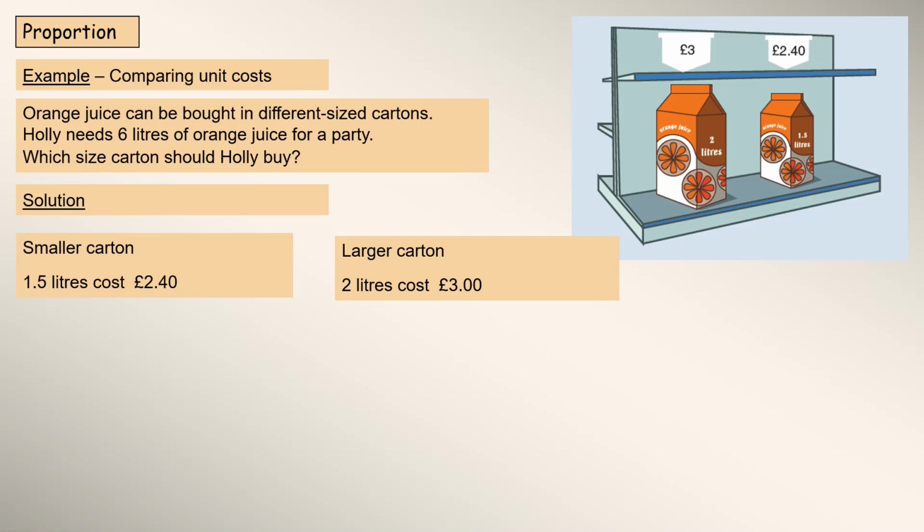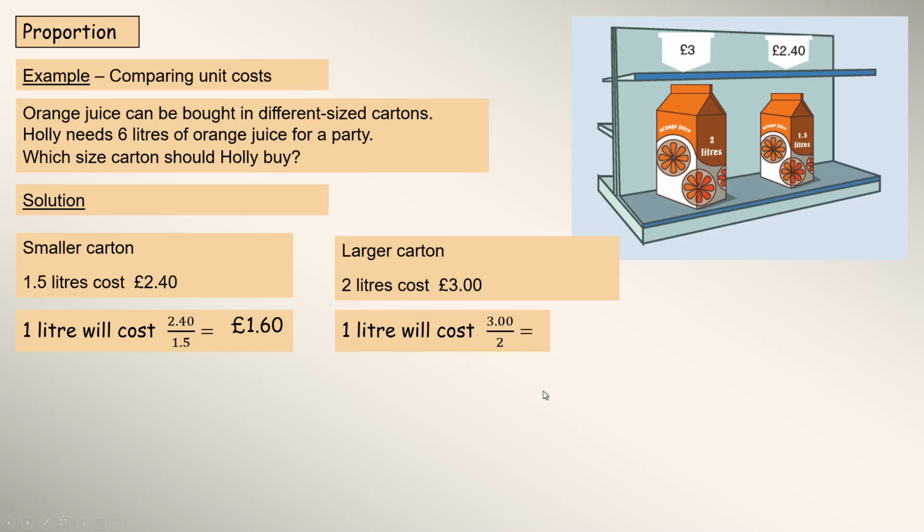To find the cost of 1 litre, I'm going to divide £2.40 by 1.5. So 1 litre is going to cost £2.40 divided by 1.5, which is £1.60. And for the larger carton, I want to find the unit cost, so the cost of 1 litre, so I halve the price. So 1 litre is going to cost £3 divided by 2, which is £1.50.